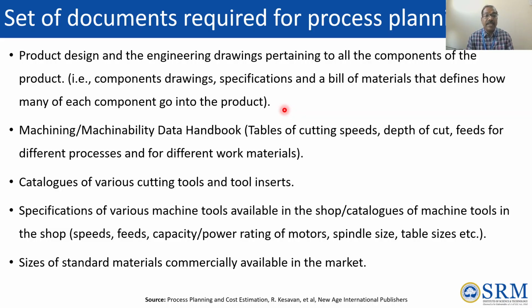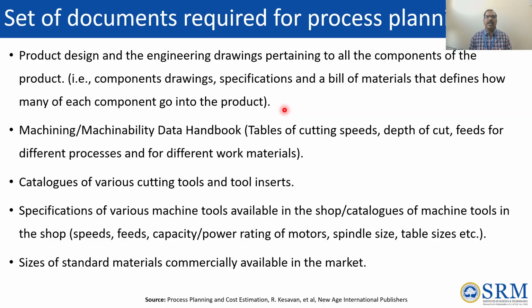Then specifications of various machine tools available in the shop, or catalogs of the machine tools in the shop. Like what is the capacity, what is the range of the machine, what is the spindle size, what is the table size. According to that, the dimensions of the component, spindle size and table sizes are correlated. How? If you have a bigger component but your table size is smaller, then you can't mount it on the table.